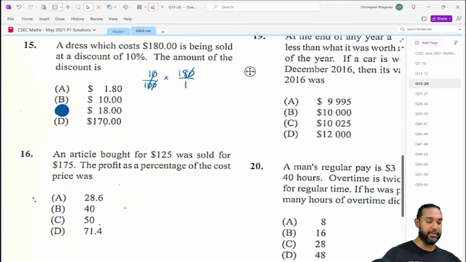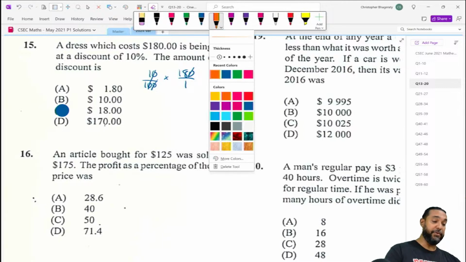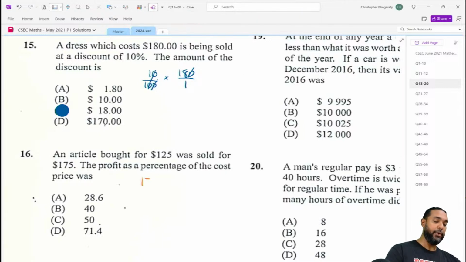Now 16. An article bought for 125 was sold for 175. The profit as a percentage of the cost price is. Good job, Brianna, Shazina, Jay, and Jassy. The first thing you do is find the profit, which means taking the selling price and minusing the cost price, which will give us 50.